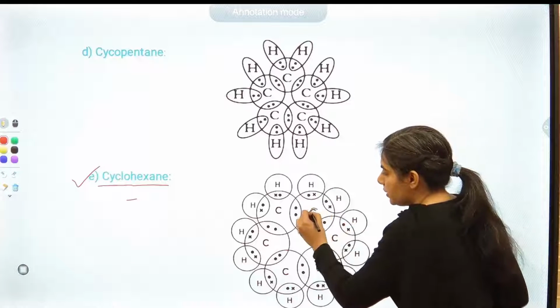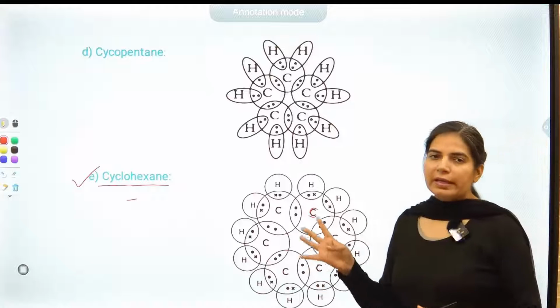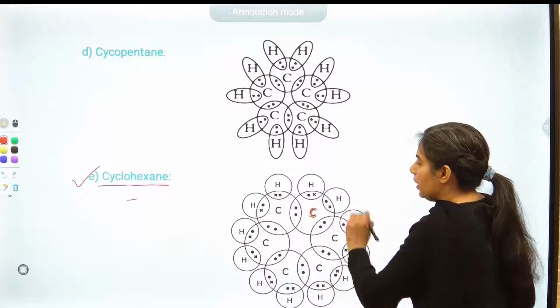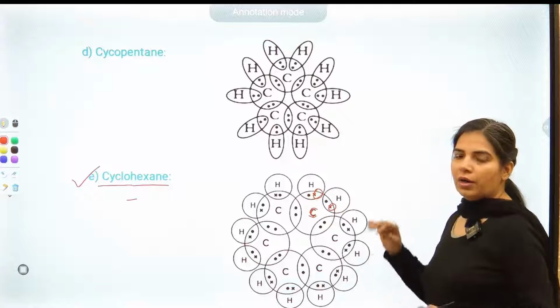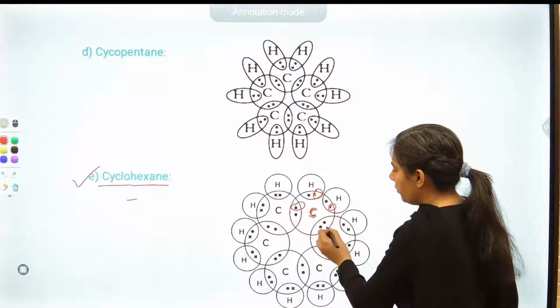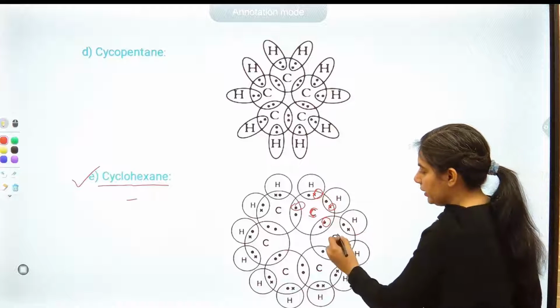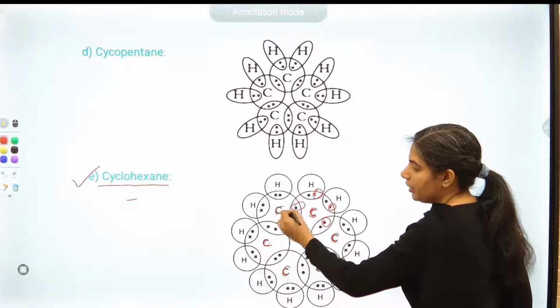Say this is our carbon 1, and we know that carbon is having 4 electrons of its own, and carbon is gaining 2 electrons from 2 hydrogens and the rest 2 from the neighboring carbons. Same in this case, here, here and here.